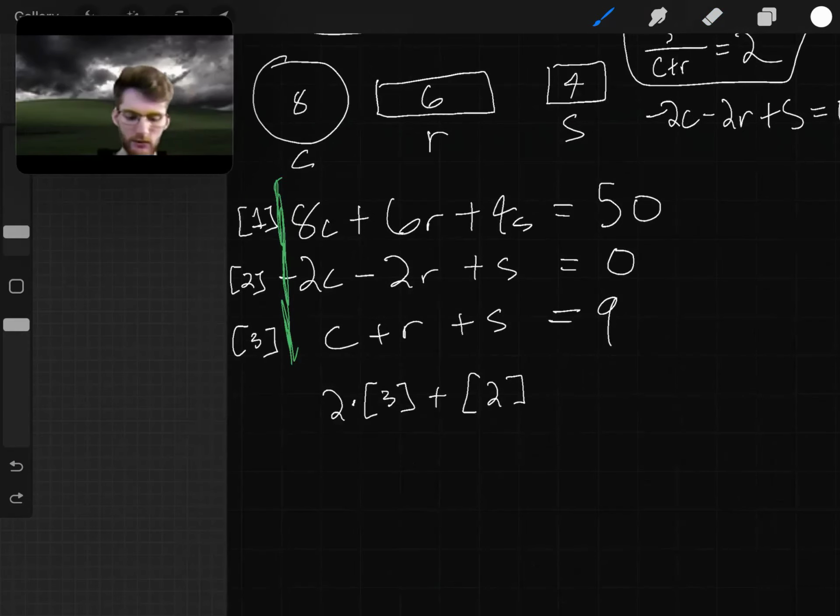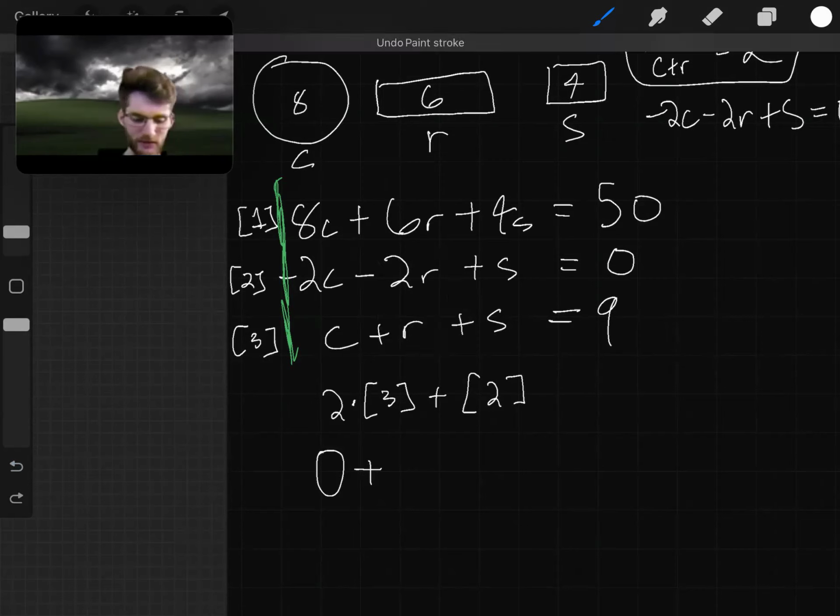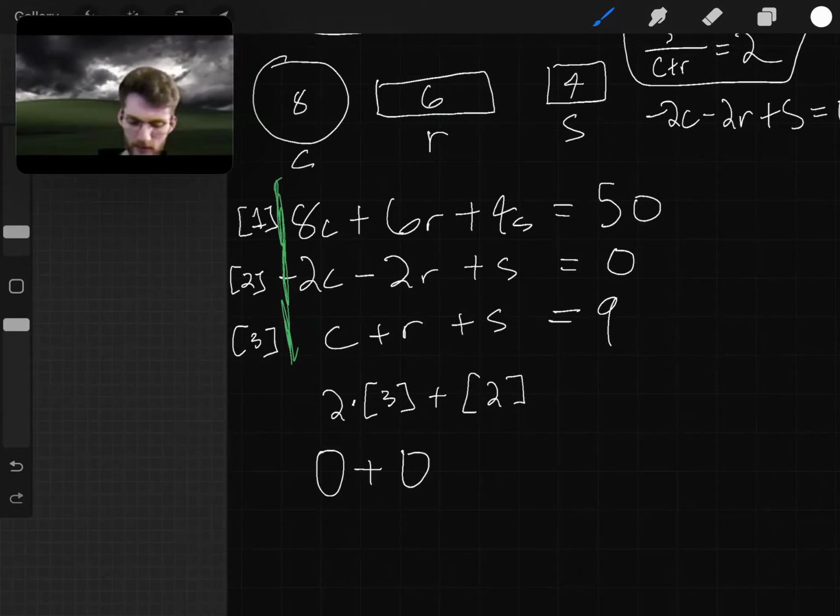Looking at variable c in both equations, 2 times c here plus a -2c above in equation 2 equals 0. So I have 0. Then looking at the r's, negative 2r minus 2r. Make sure to pay attention to this negative sign here, or subtraction operator. Those cancel out, and so I have 0.